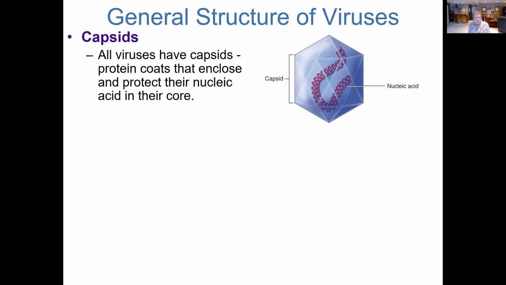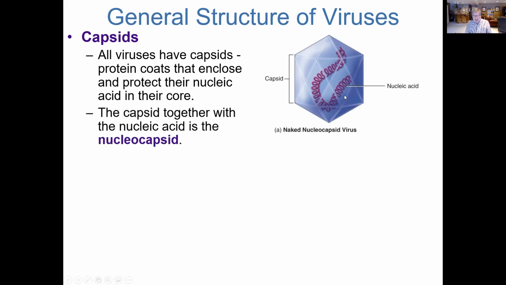So in this particular diagram, we can see the nucleic acid in sort of red purple, dark pink. And then in blue, of course, is the capsid, the outer covering, which in this particular virus has a bit of a geometric sort of property to it, doesn't it? And some viruses are very geometric. They're actually very beautiful to look at. Others don't share a crystalline or geometric appearance, but this particular one does.